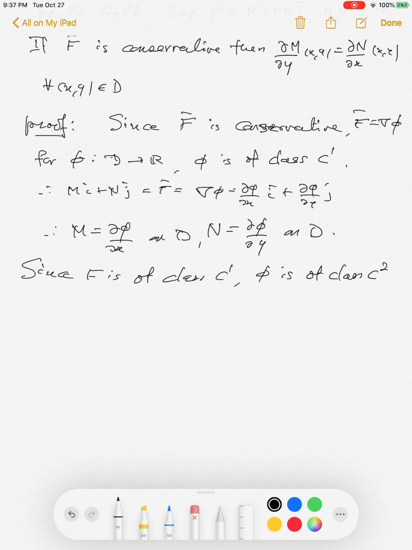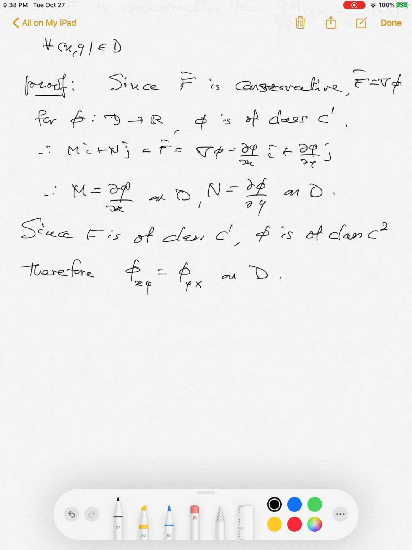That means the second partials of phi both exist and are continuous. Now we use a theorem which I have mentioned before, but haven't written down precisely: if a function is of class C2, then its mixed partial derivatives are the same. So phi is of class C2, therefore phi_xy is phi_yx. This is what the theorem says, which I will write at the end of this proof.